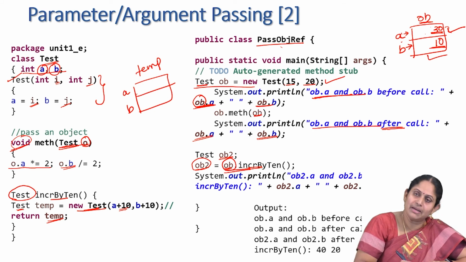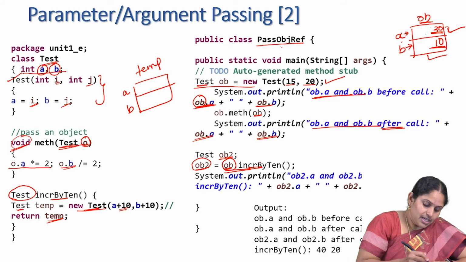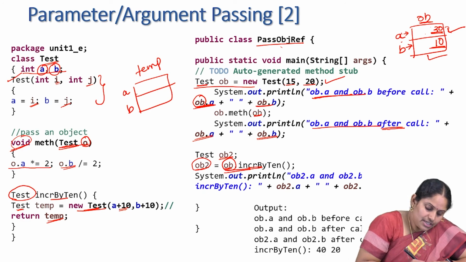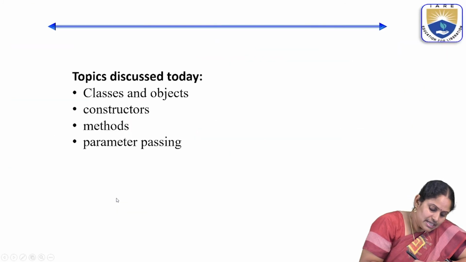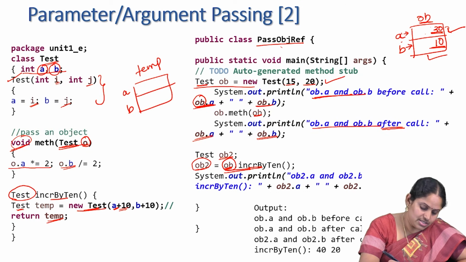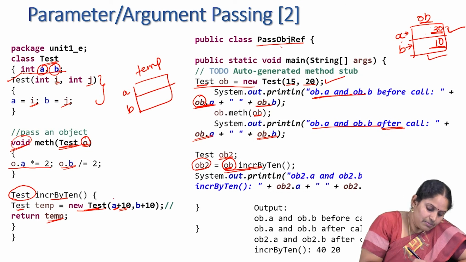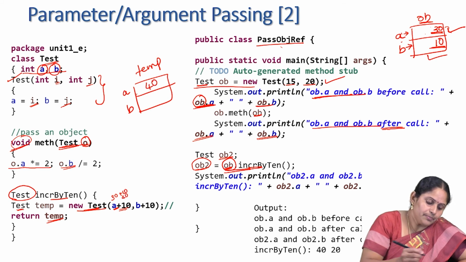On OB, increment by 10 is called. So when it is trying to access A, it will access OB's A. OB's A was 30, so 30 plus 10 will be taken, and it will be 40.